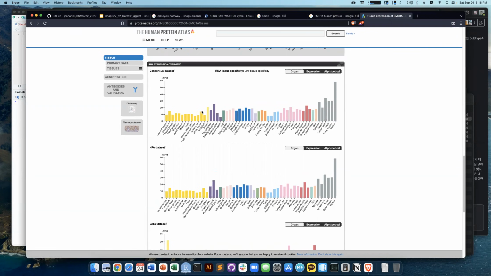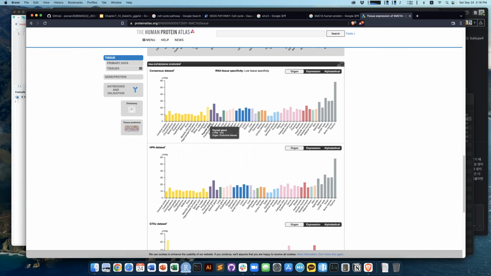But for visualization, it is much better to sort the expression by tissue groups, right? So here, yellow colors are brain, and light yellow is from the visual system. It's close to brain, but not really brain because it's retina.